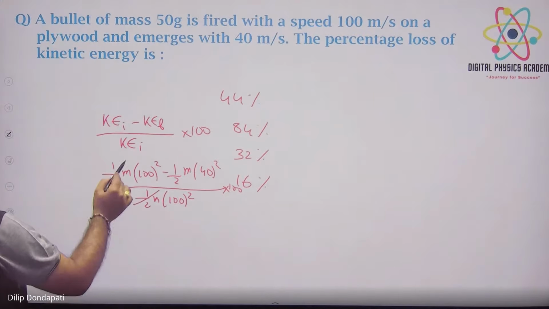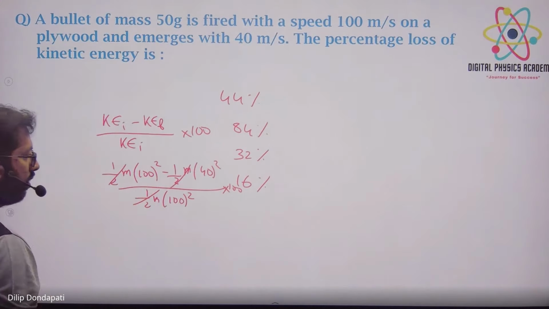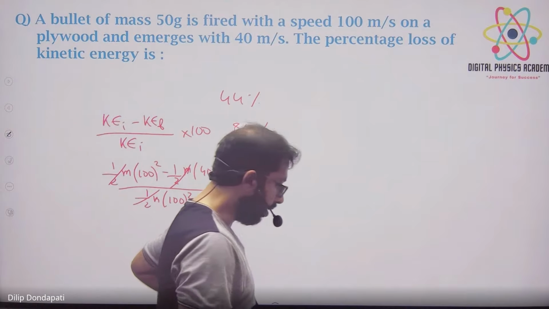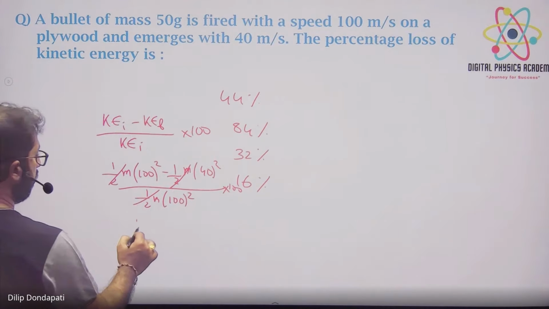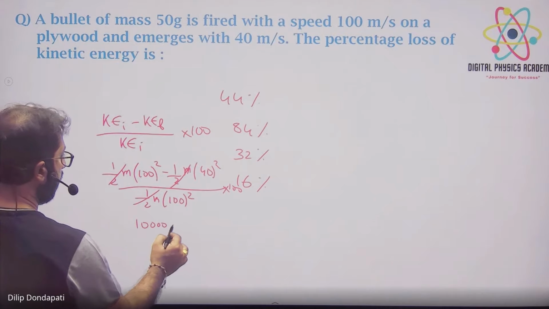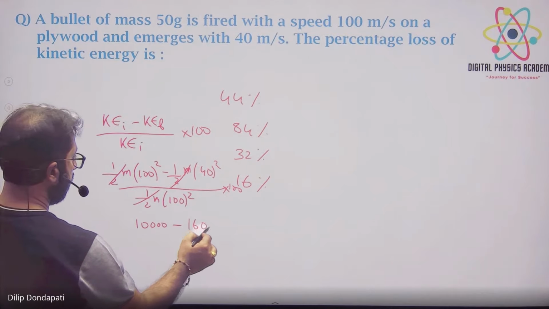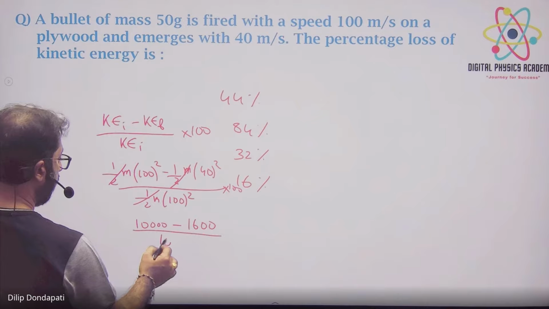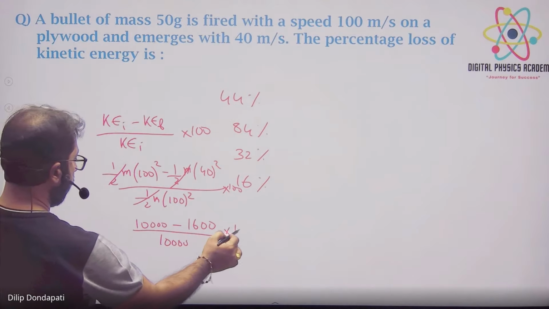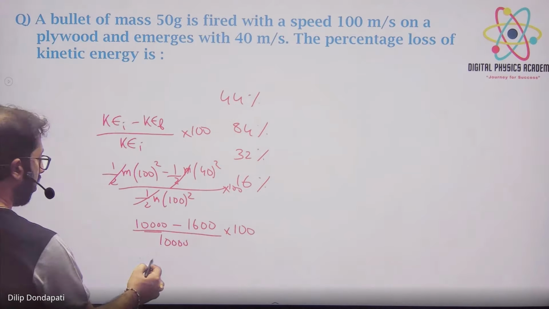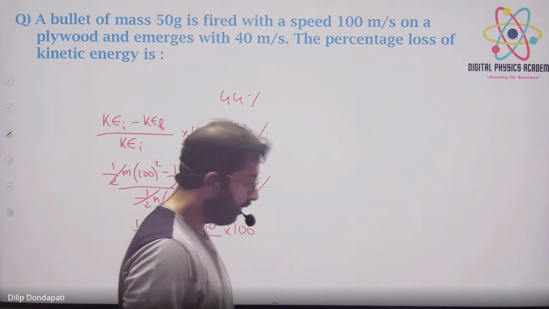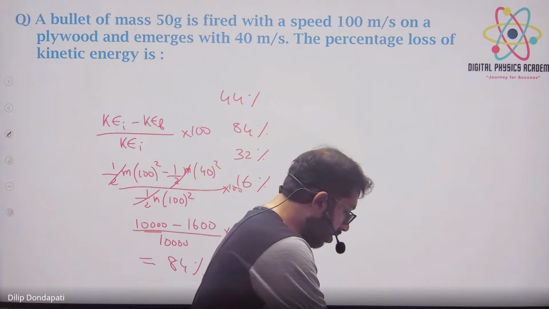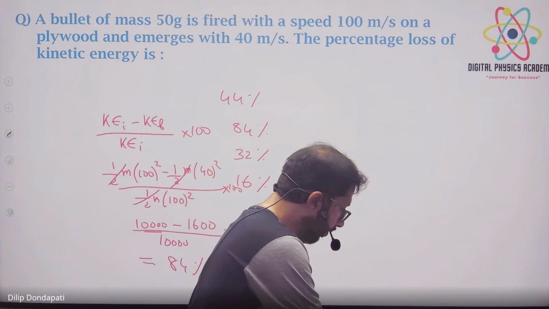So cancel half m. कितना सॉल्व करो, कितना आएगा? So 10000 minus 1600 by 10000 into 100. Solve किया तो you'll get 84%. Okay, change by original into 100 is the formula. Always we have to follow that one. Okay, next.